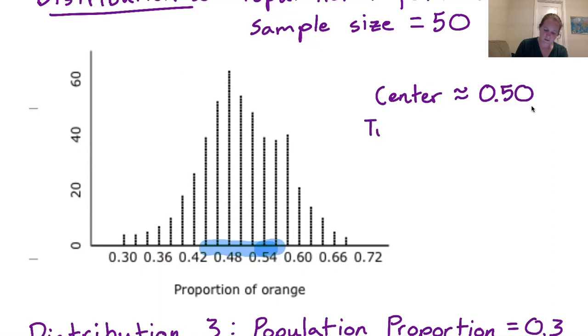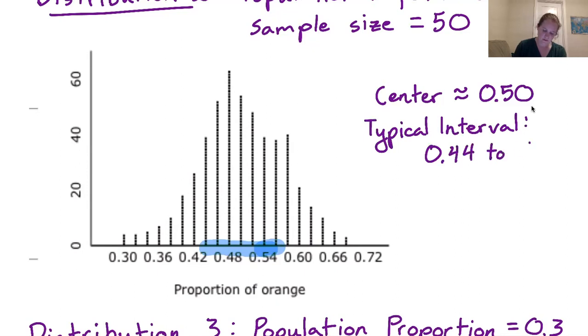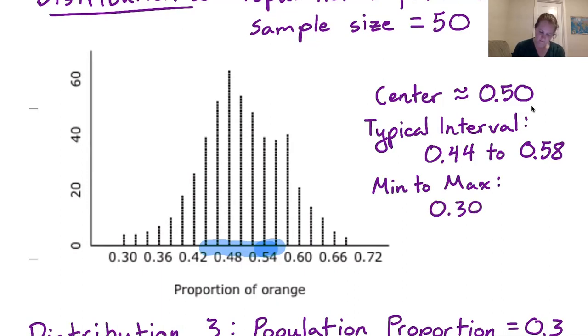So the typical interval appears to be going from somewhere around 0.44 to 0.56 or 58, we'll say. Our min to max, I believe, is 0.30 to 0.68. And then our shape, again, our graph looks to be more or less normal.